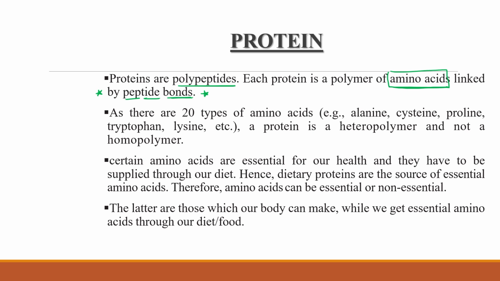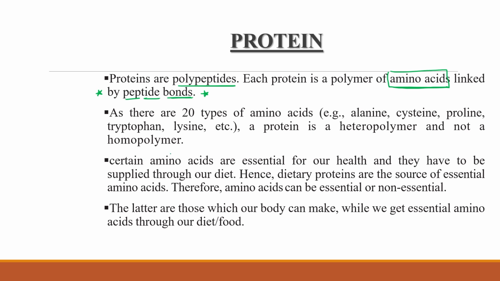But here, if two amino acids combine together and form a bond, this type of bond is known as a peptide bond. There are 20 types of amino acids, with certain examples like alanine, cysteine, proline, tryptophan, lysine. A protein is a heteropolymer and not a homopolymer.